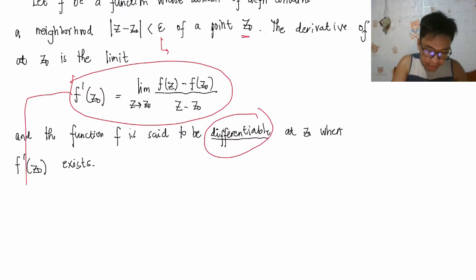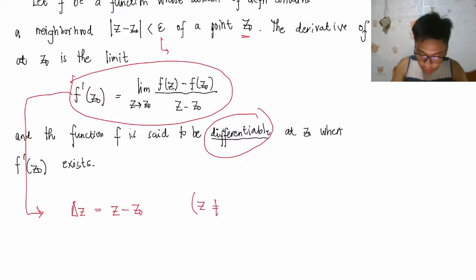So, if we express this definition in terms of a new complex variable, let's say delta z, and in this case delta z is z minus z sub 0. Of course, your z here is not equal to z sub 0.